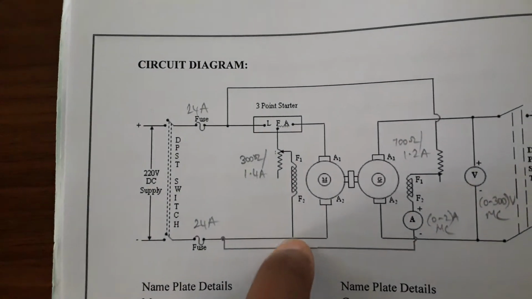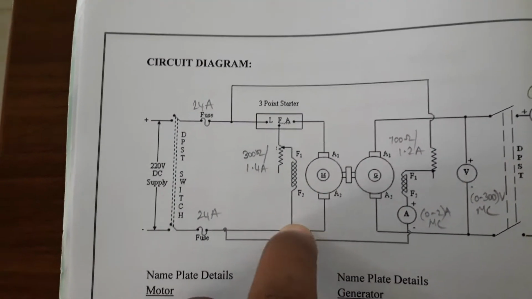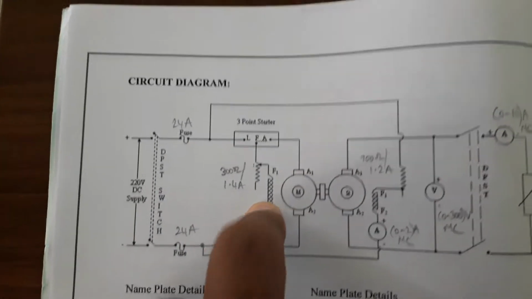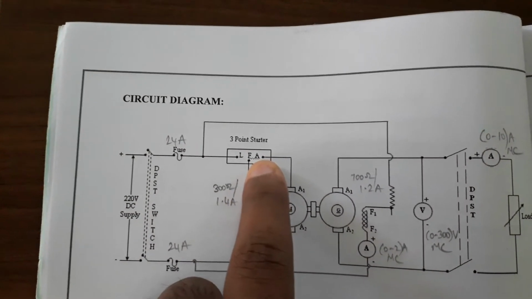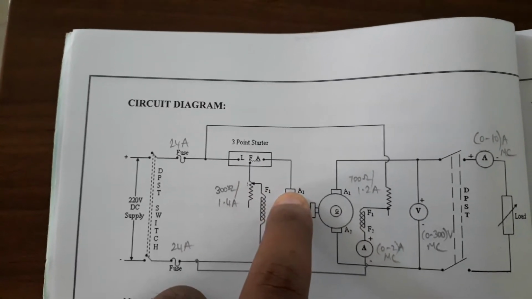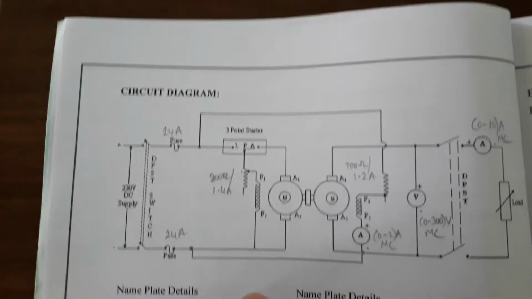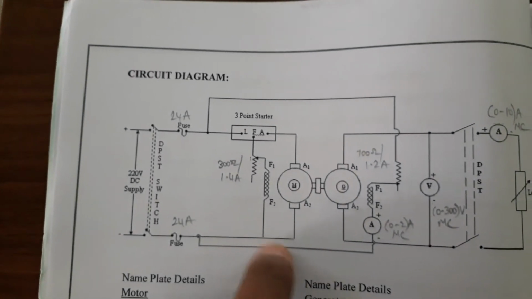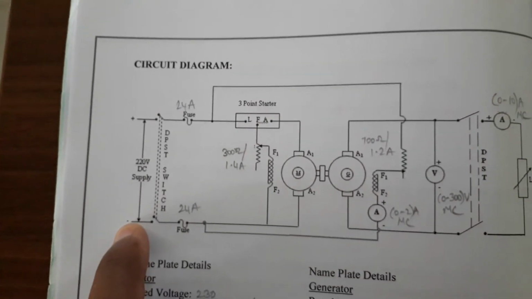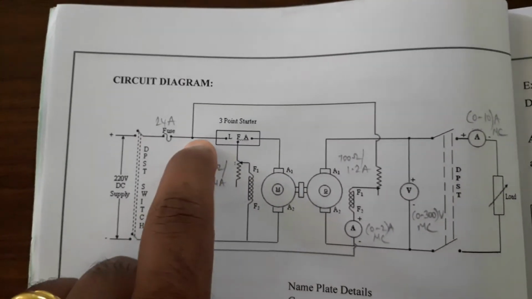F2 is the field winding and A2 is the armature winding, so your field winding and armature winding are short circuited. Then from the 3-point starter armature, the armature of the motor is connected. The short circuited F2 A2 is connected to your negative terminal.